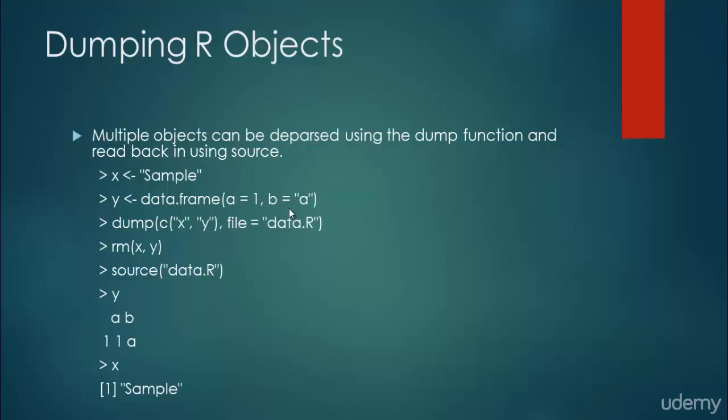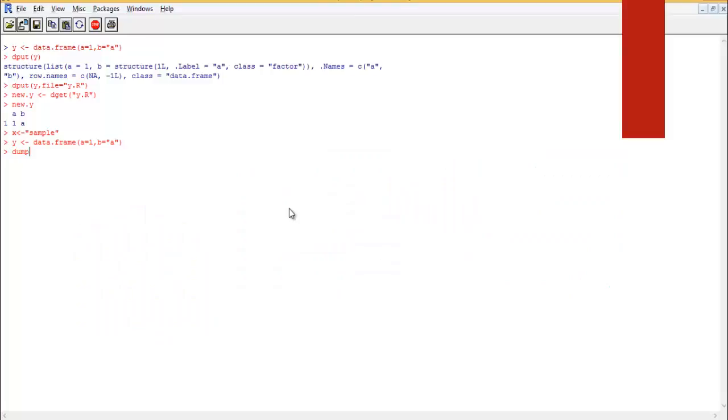Now using dump of x comma y, I'm using two objects, x comma y, and dumping into a file name.